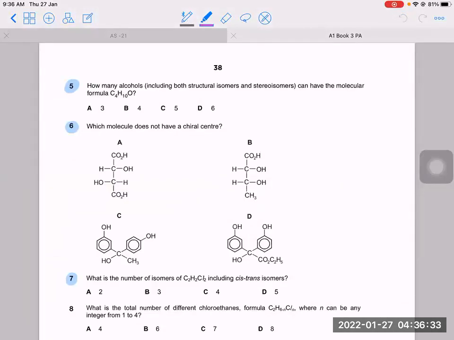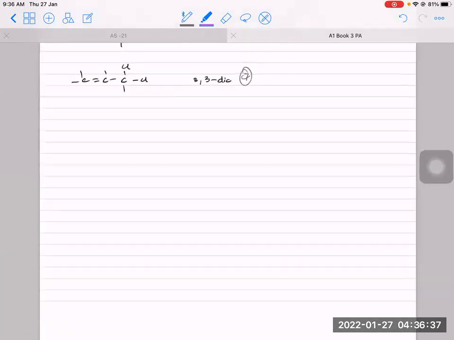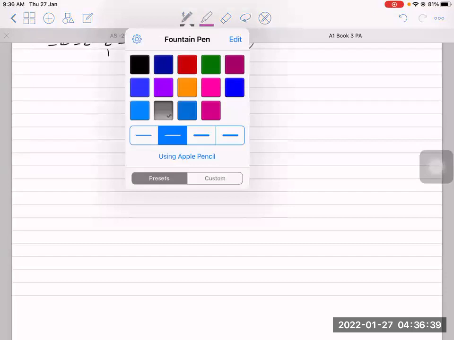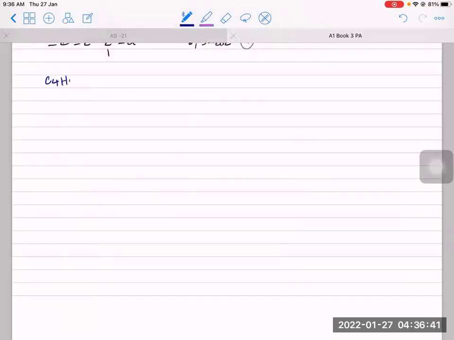How many alcohols, including structural and stereo, have the molecular formula C4H10O? So you need to make alcohols with the formula C4H10O. Let's make the first one. What is this? Butanol.